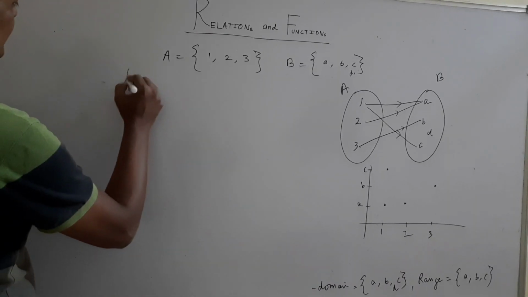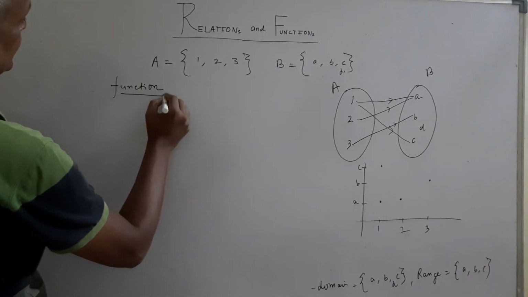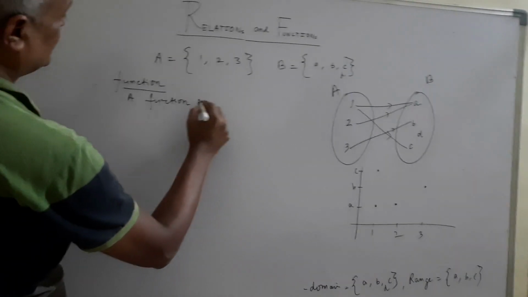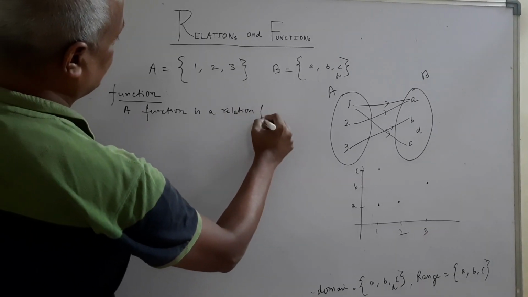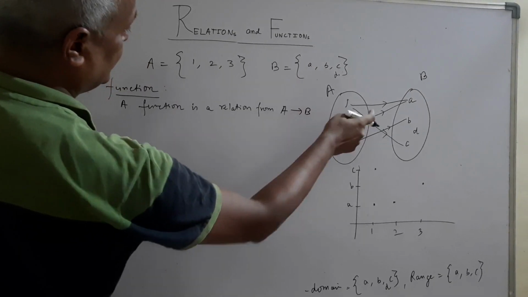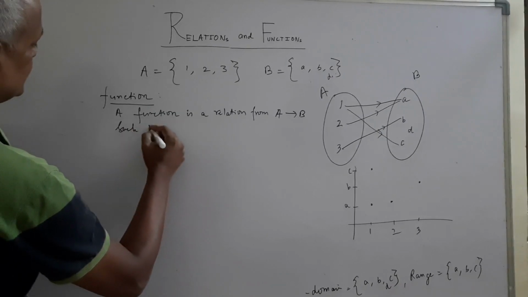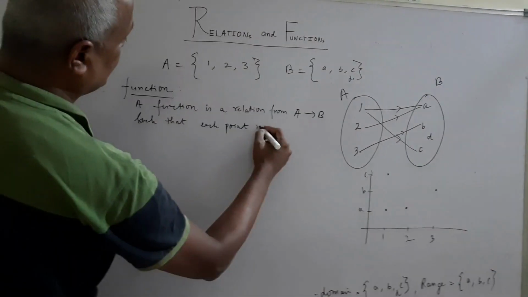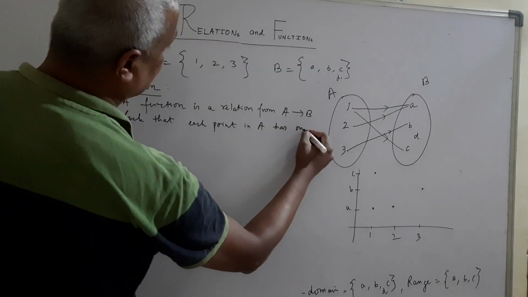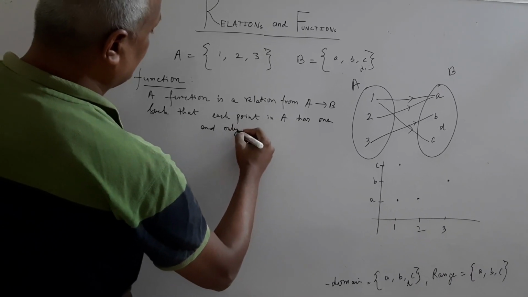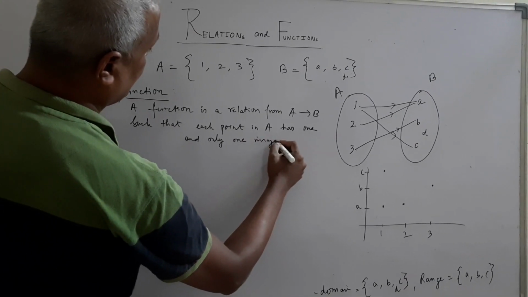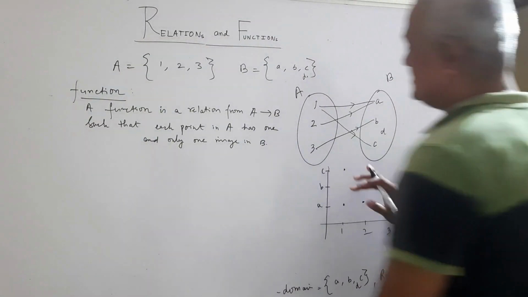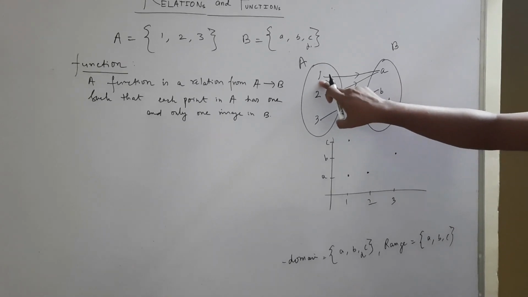Yeah, so the function. What is a function? The function definition goes like this: a function is a relation from A to B such that each point in set A has one and only one image in set B. Now here in this terminology, A is the image of 1 because A is related to 1.